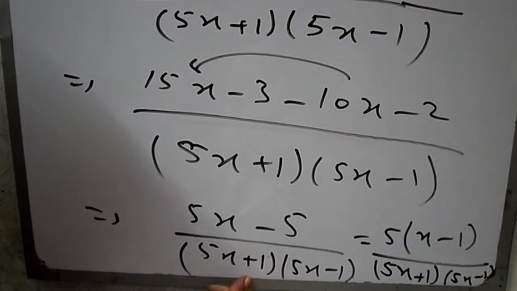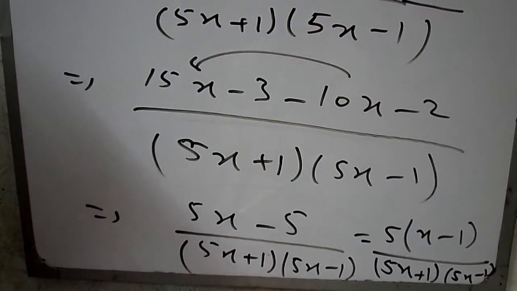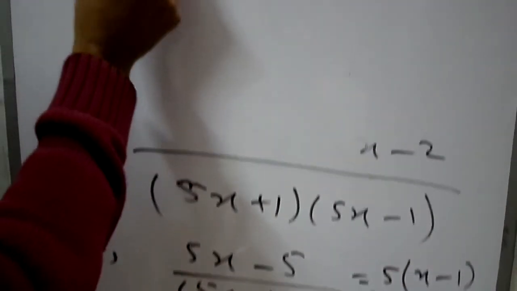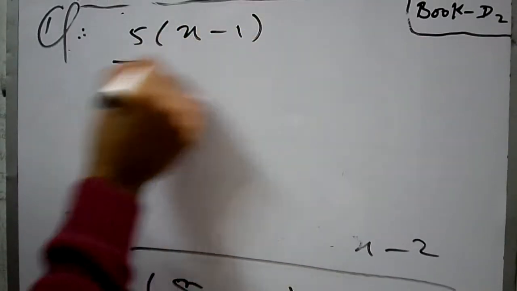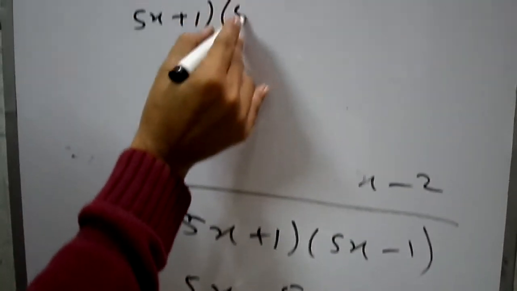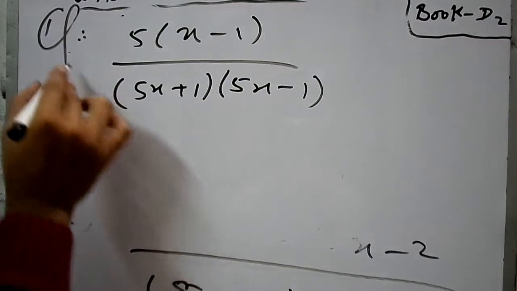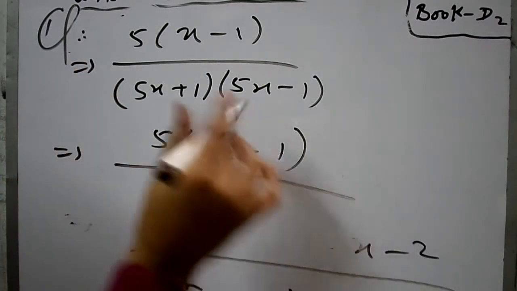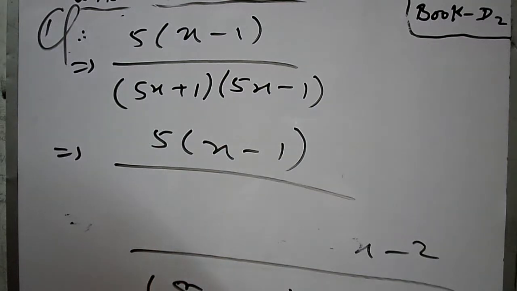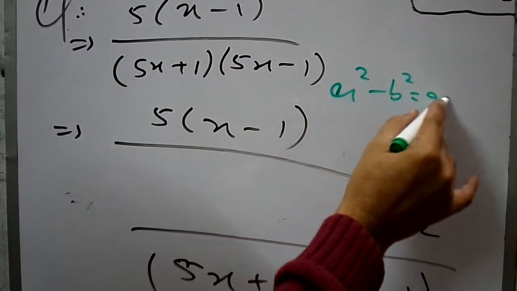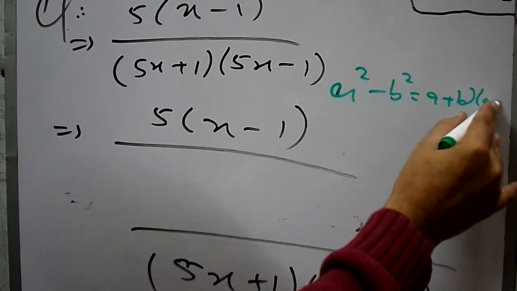It can be written using the difference of two squares formula. For example, the next step is, you have taken common x minus 1, and the remaining is 5x plus 1 into 5x minus 1. Difference of two squares formula, you are well familiar with this, that a square minus b square is equal to a plus b into a minus b.